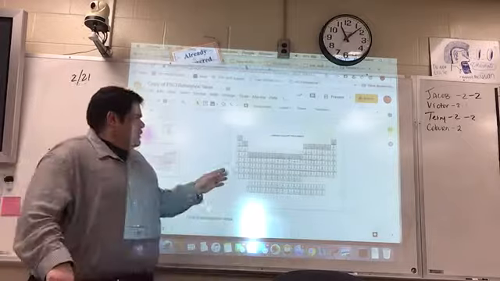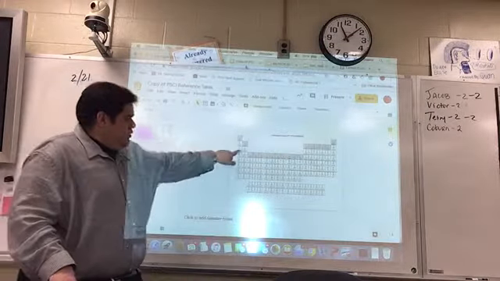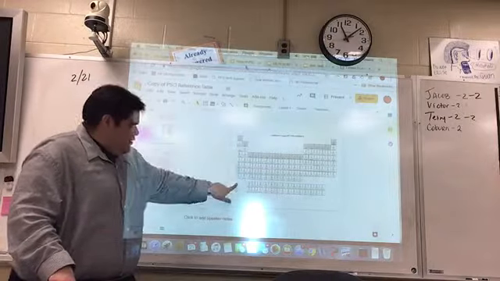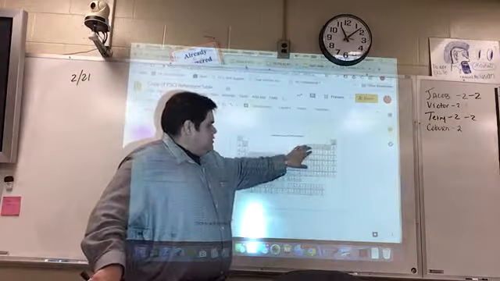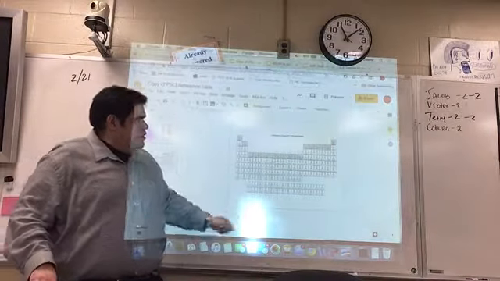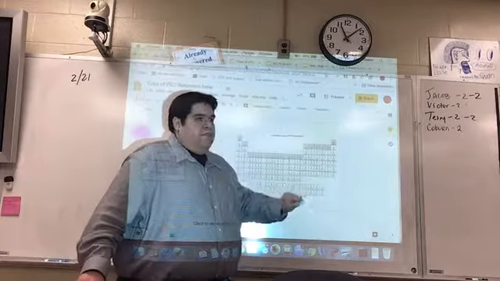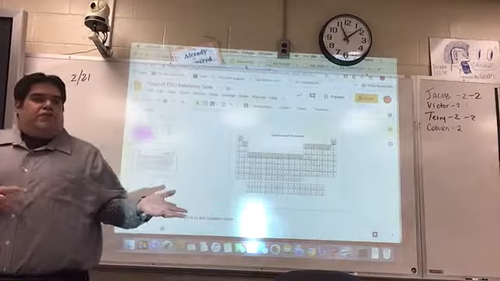So in other words, we know based on the tour of the periodic table that those elements, because they're located here, are very, very reactive. We know that these elements over here are not as reactive compared to that column right there. We also know that this column is not reactive, all right? We know that because of where they're located.